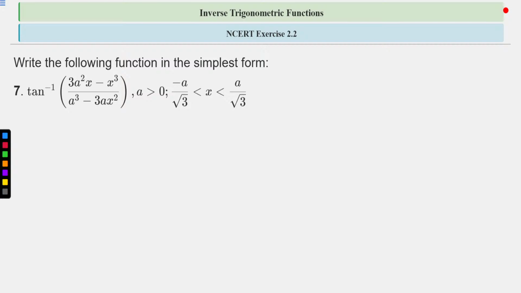See, we have the expression tan inverse of 3a square x minus x cube upon a cube minus 3ax square, when a is greater than 0 and x is between minus a by root 3 to a by root 3. And we basically have to convert this to the simplest form, right? So again, I am giving you 10 seconds to solve or think about this question. After that, we will discuss the solution part, right?